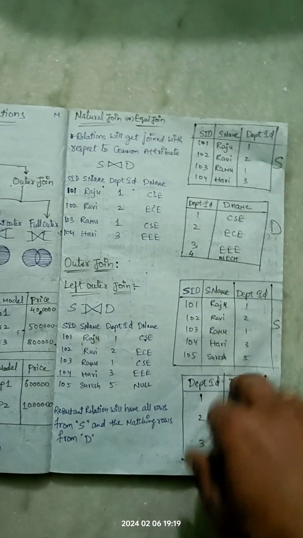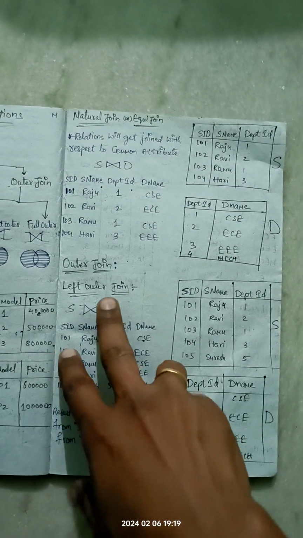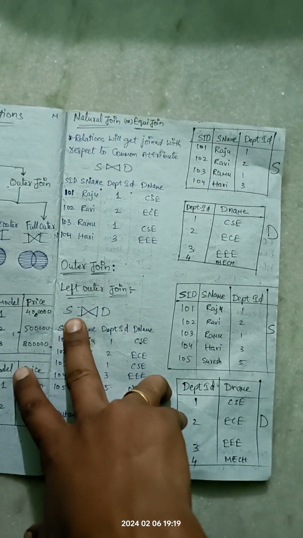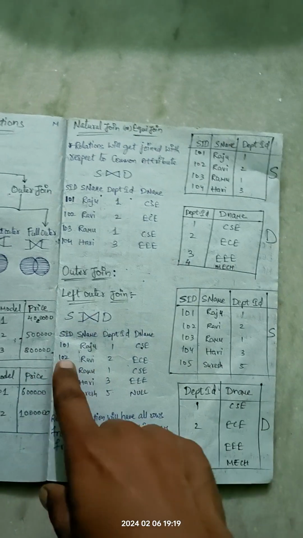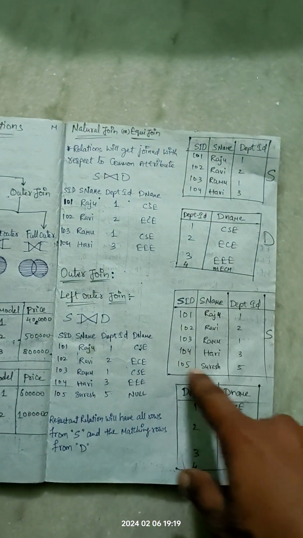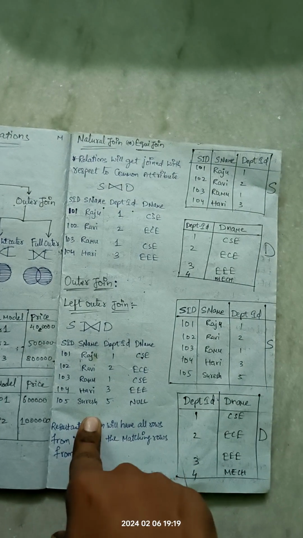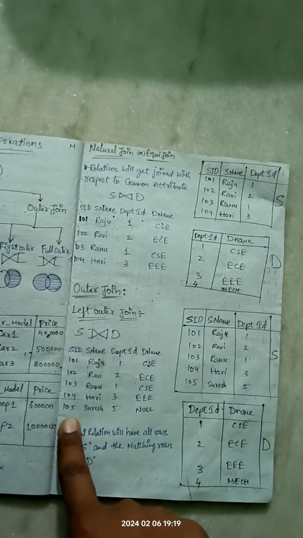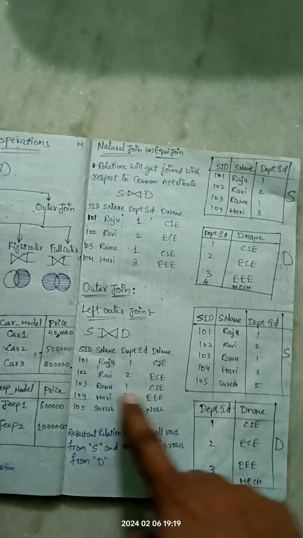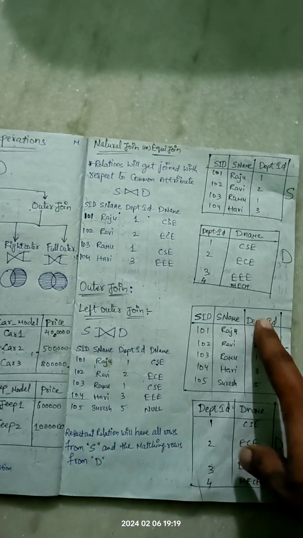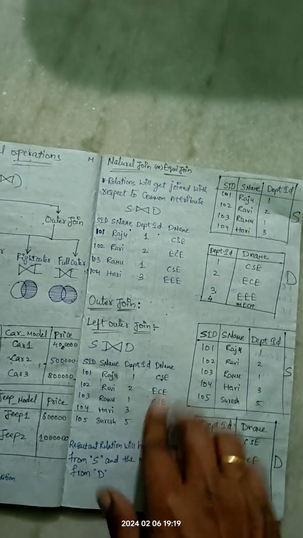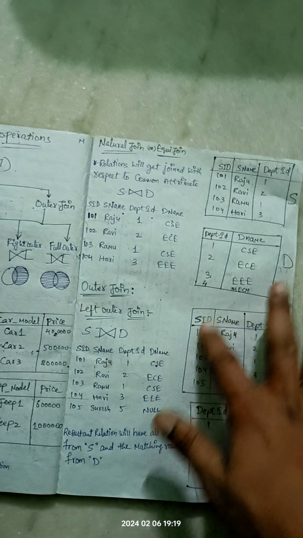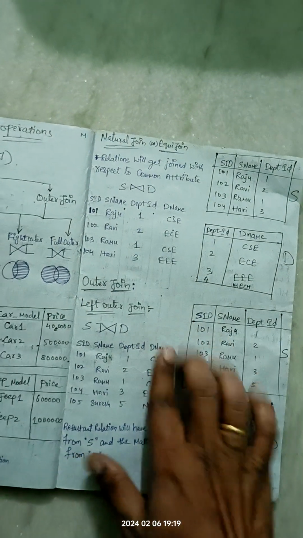So it is better to write it. Write this table as it is here: 101 to 105, Raju, Ravi, Ramu, Hari, Suresh, and department IDs 1, 2, 1, 3, 5. We have written this table as it is, except the department name.